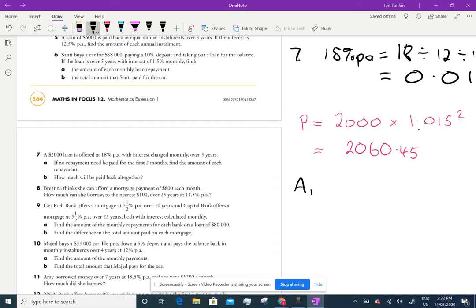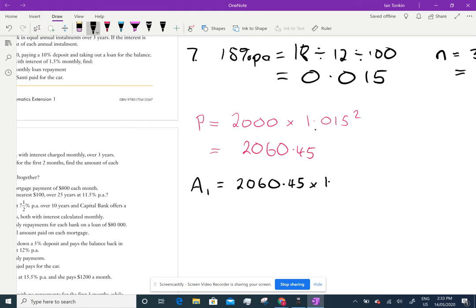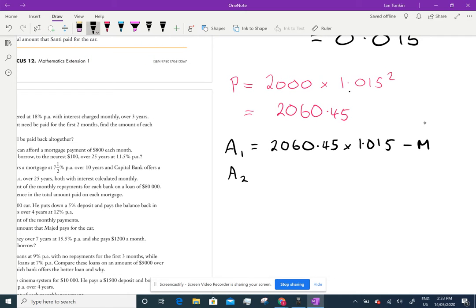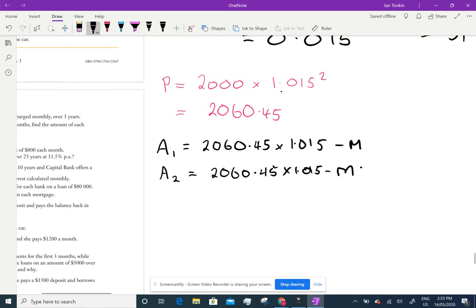So after the first payment, I'm going to have 2060.45 times 1.015 minus m. And after the second month, I'm going to have 2060.45 times 1.015 minus m, times 1.015 minus m.